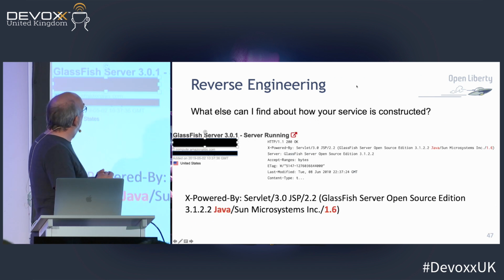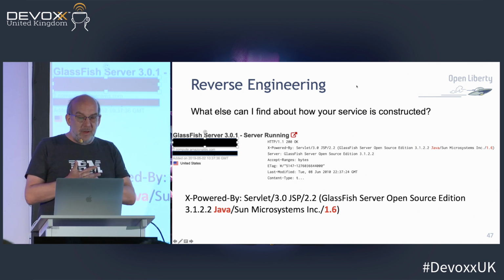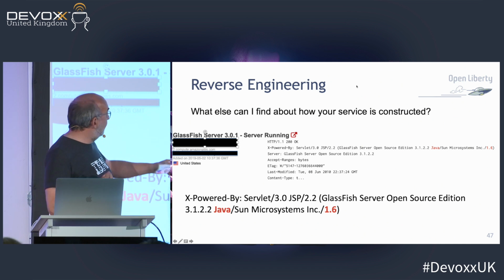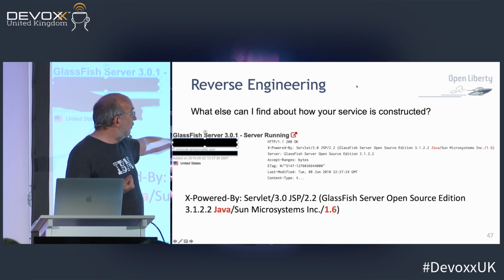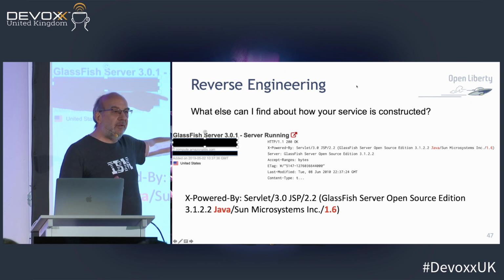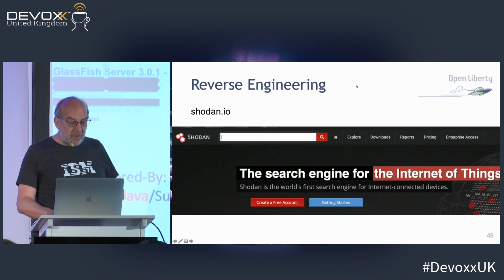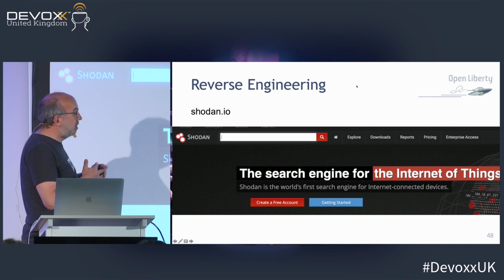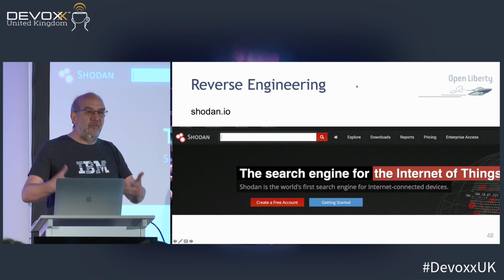I'll also go to some of the online services and figure out what your server does. I'll figure out what version of componentry you're running, so I can look for vulnerabilities. There is this wonderful website called Shodan.io, which is an index of IoT devices.